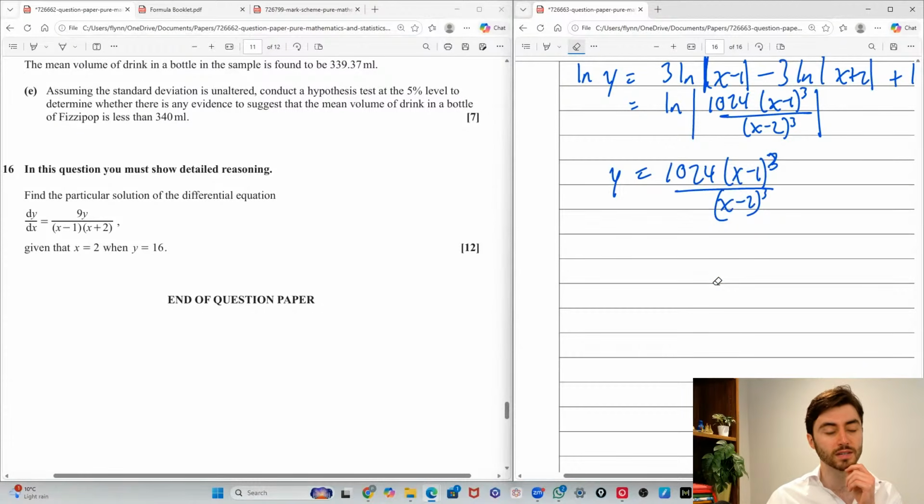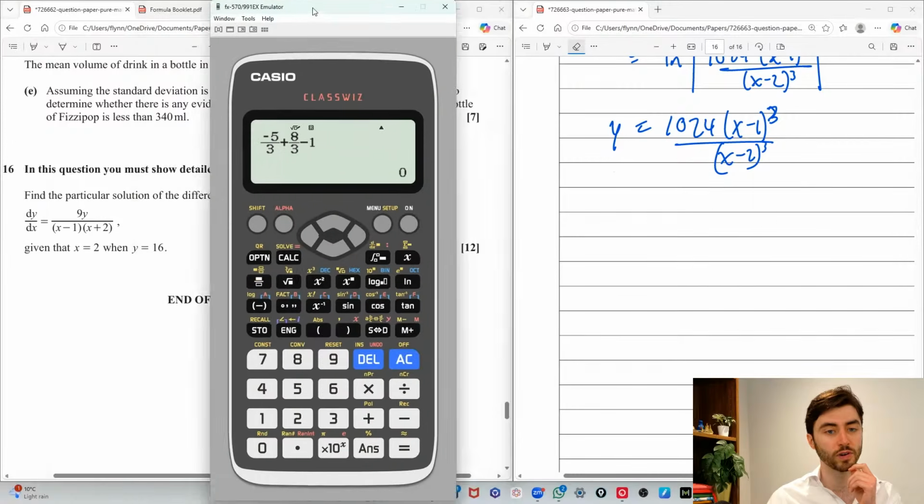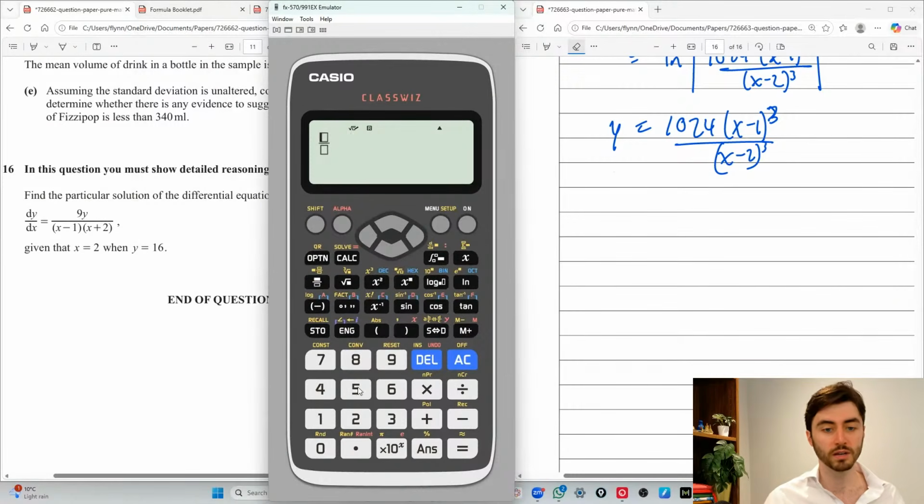So for this, first of all, let me confirm that that actually works. So let me confirm that if x is equal to 2, then 1024 times answer minus 1 cubed, all over answer minus 2 cubed.